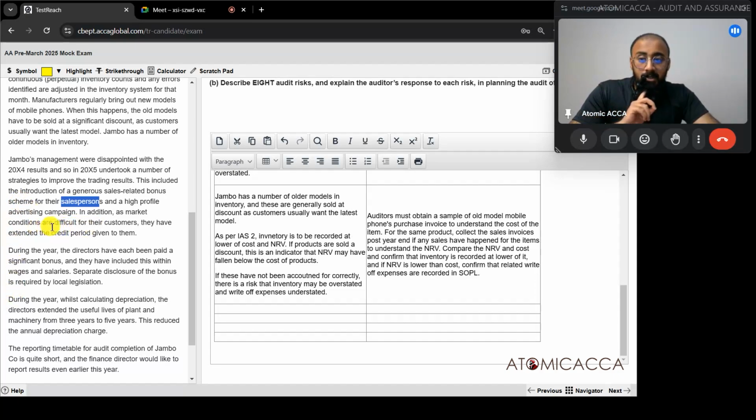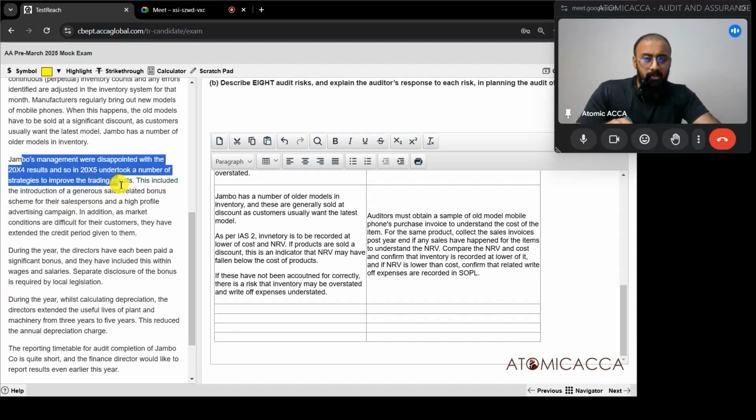In addition, as market conditions are difficult for their customers, they have extended credit periods given to them. If market conditions are difficult and you're giving extended credit periods, you need to be careful, because if customers that are not creditworthy are given extended credit periods, there are chances that this might turn into a bad debt. So you might want to discuss that as well. There are two risks over here, one related to bad debt, one related to boosting sales.